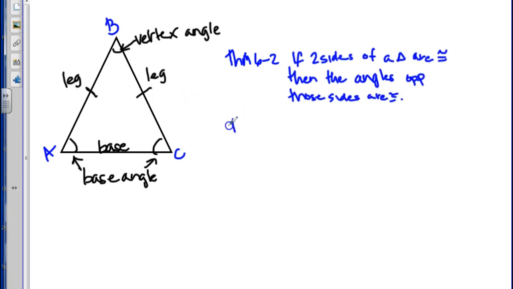All right, so Theorem 6.3 is talking about the median. The median, remember, comes from the vertex and goes to the opposite side midpoint.